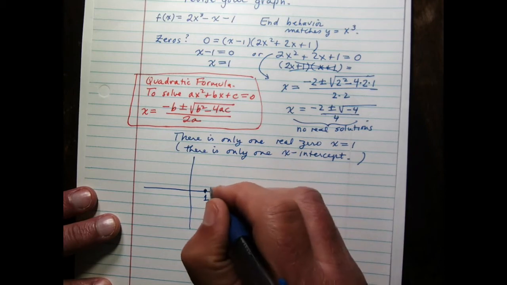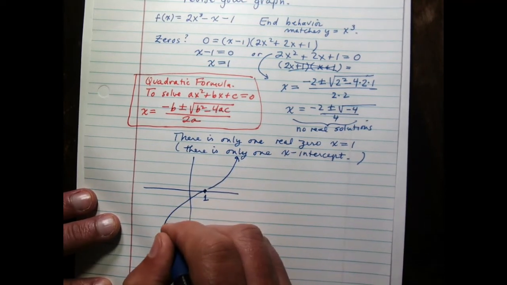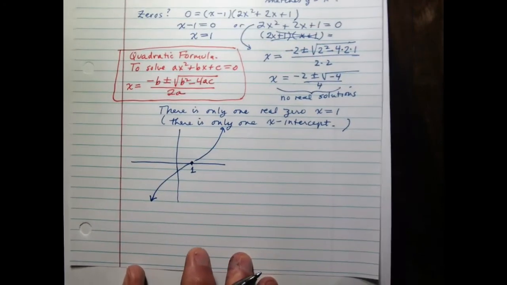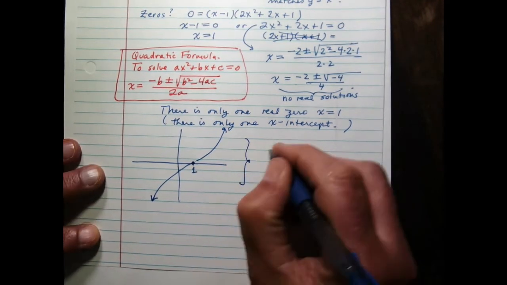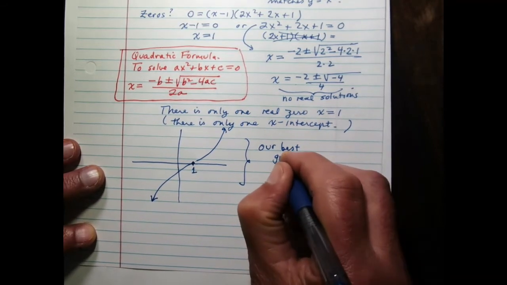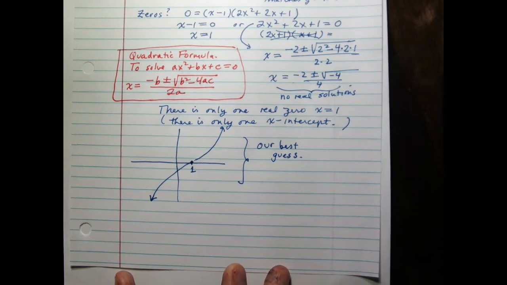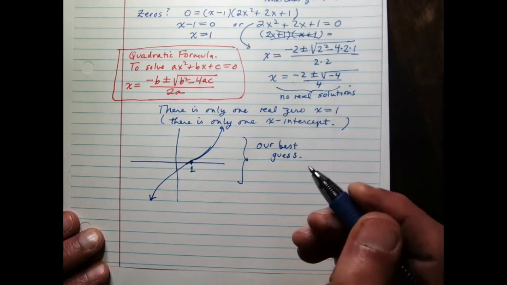We know the ends have got to kind of rise up and fall down like y equals x cubed. So this is our best guess so far for the graph of that function.